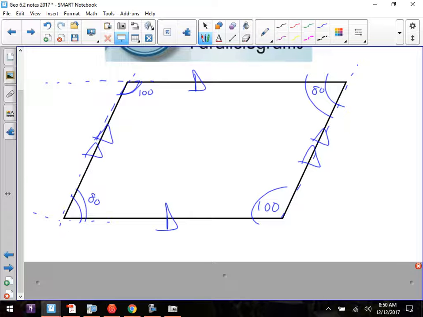They're parallel, but what else are they? Their opposite sides are also congruent. So opposite sides are parallel and they're congruent. So the opposite sides parallel, opposite sides congruent. Okay.